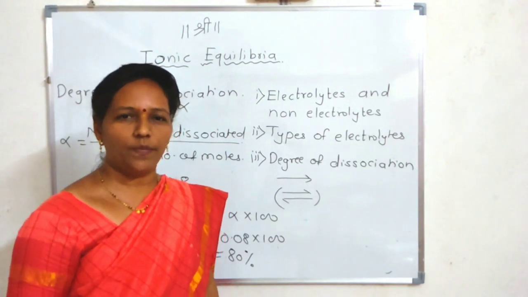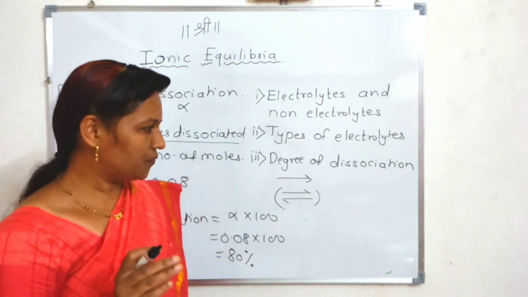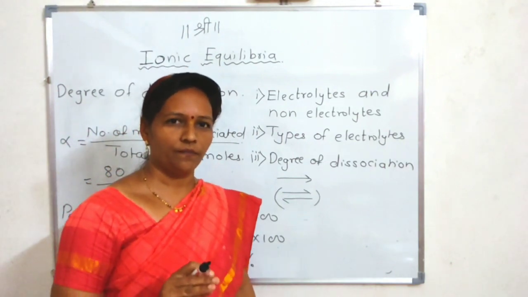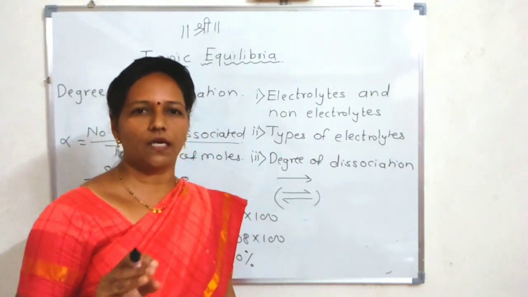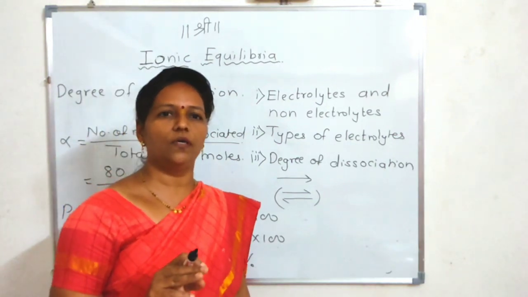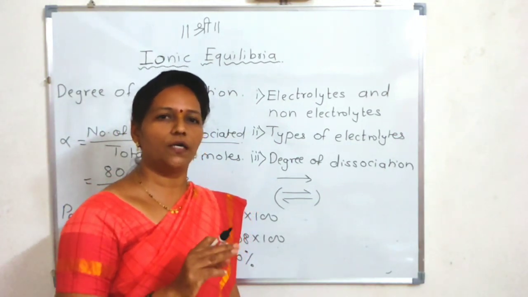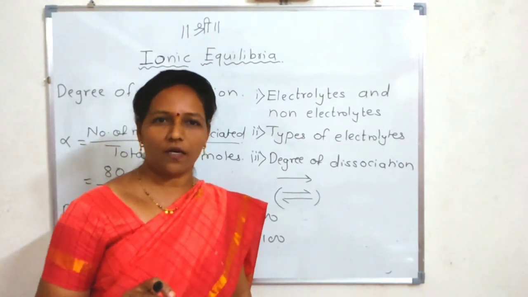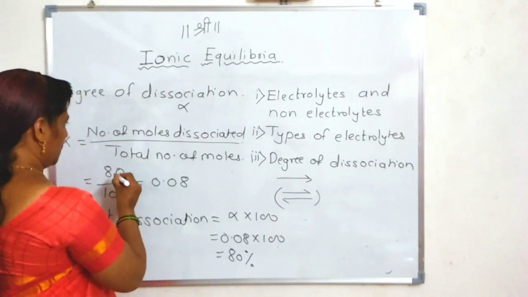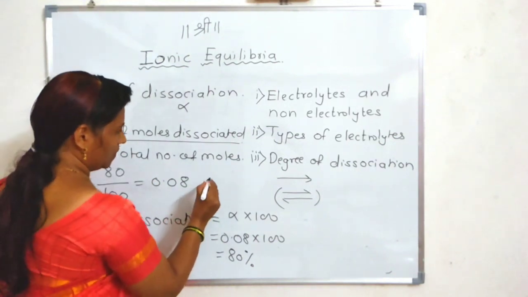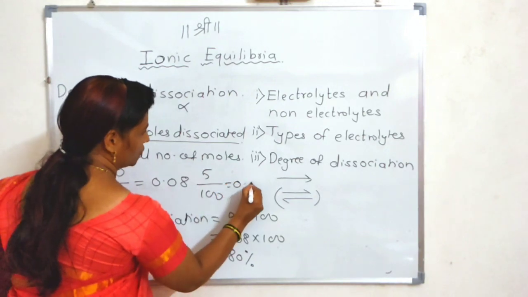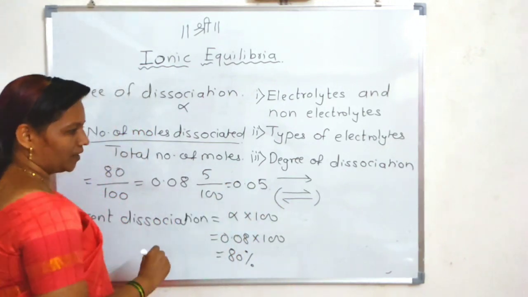If we take the example of a weak electrolyte, it is only partially dissociated. If out of 100 moles, 5 moles are dissociated, then the degree of dissociation is 5 by 100, that is 0.05.